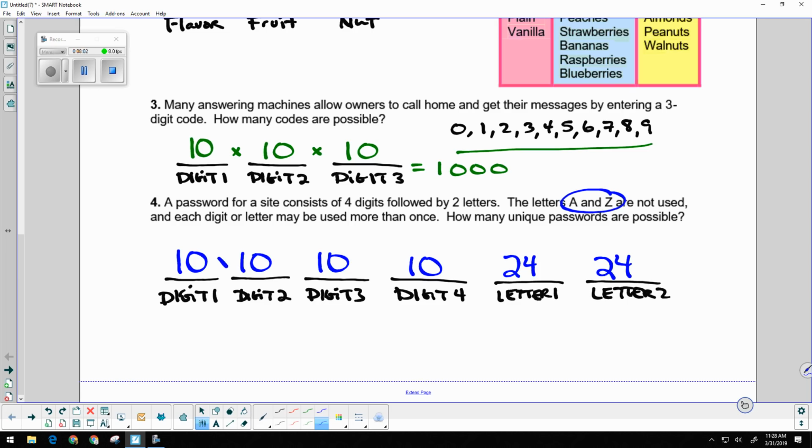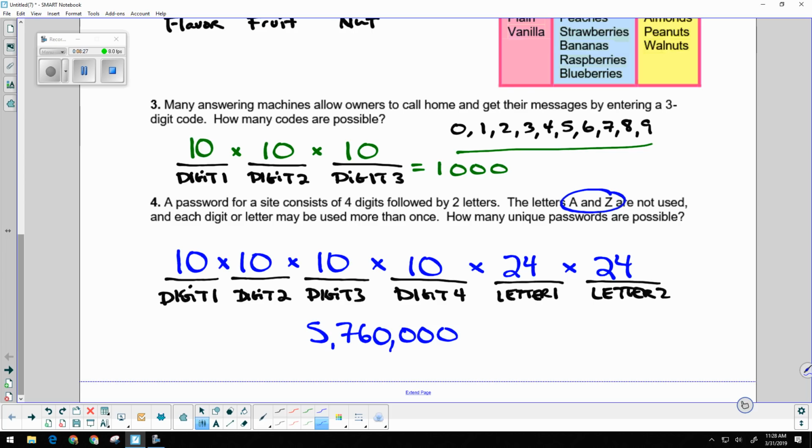And then we simply multiply all of that together. 10 times 10 times 10 times 10 times 24 times 24. And so now this time there are 5,760,000 different unique passwords that can be used.